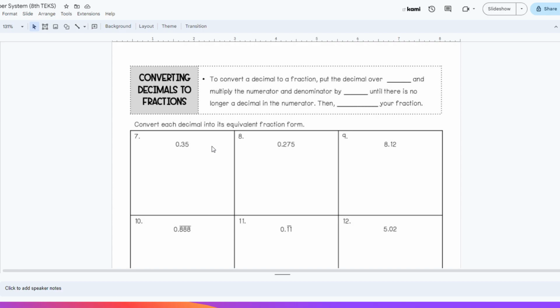So tenths, hundredths, thousandths, ten-thousandths, hundred-thousandths, millions, etc. Right? And you're going to reduce until you can't reduce anymore, basically, and that's how you're going to get your fractional form.